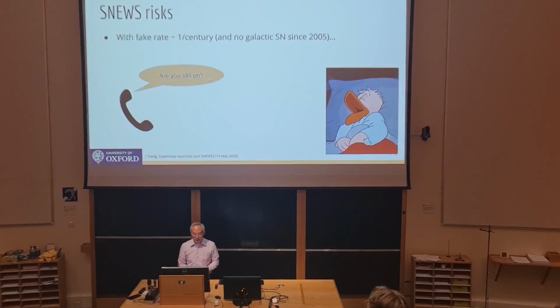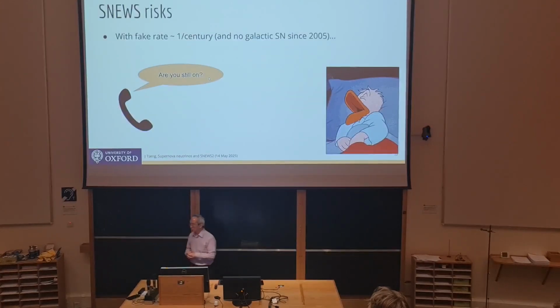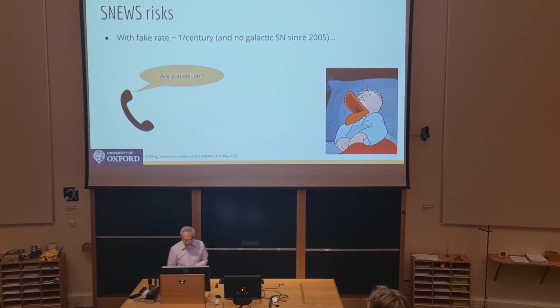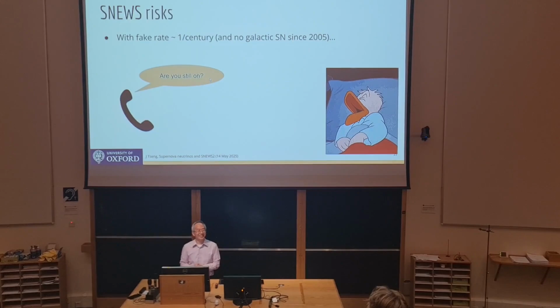Now, there's a little problem with this, which we've noticed. If your fake rate is once per century, and you haven't seen a galactic supernova since 2005, you tend to get messages from people asking, are you still working? Why haven't I gotten an email from you guys?